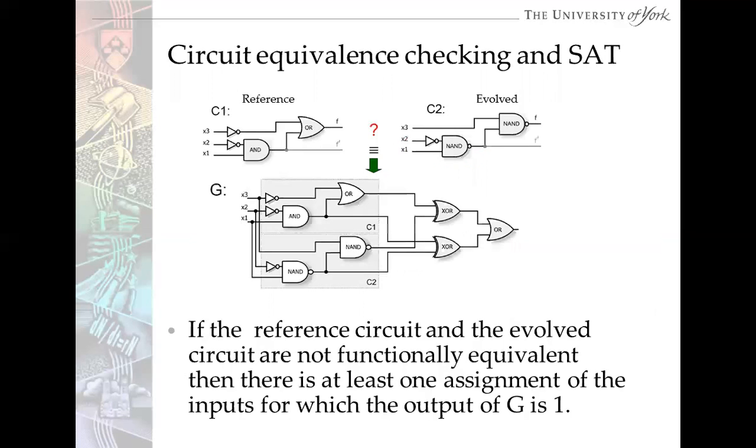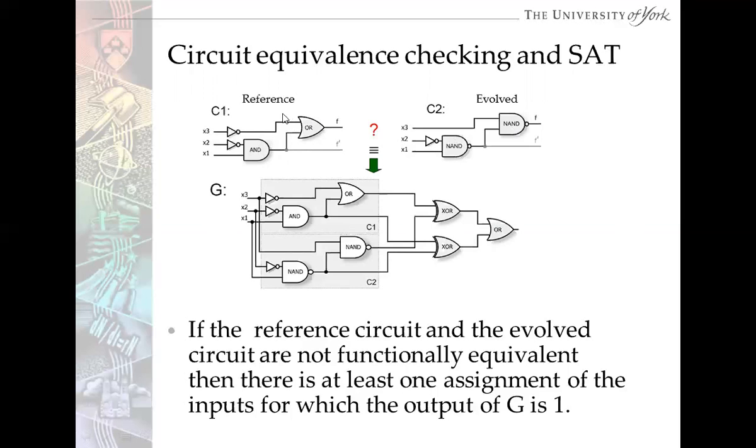So this is how it works. Their method uses a traditional circuit optimization and synthesis tool to produce a reference circuit. And then they need to know whether an evolved circuit is logically equivalent to this reference circuit or not. If it is logically equivalent, then you say, well, we want it to have as few gates as possible.